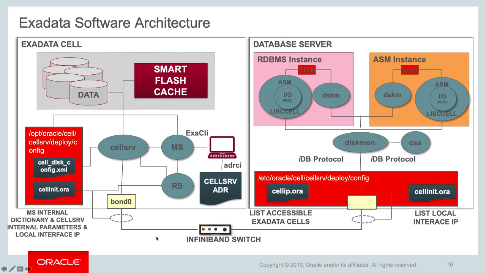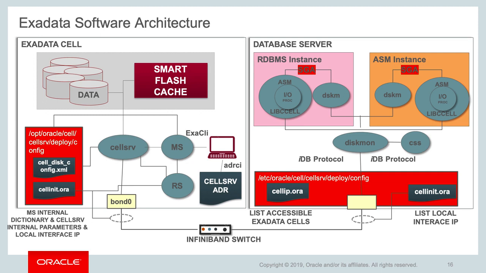The third one is the RS service, known as Restart Server, and it ensures the ongoing functioning of Exadata software and services. It monitors the heartbeat from the management service and the CELLSRV processes. If the processes fail to respond within the allowable heartbeat period, the services are restarted and a notification is sent to the user.